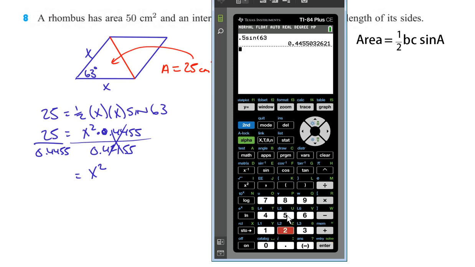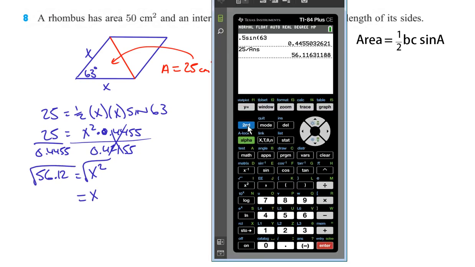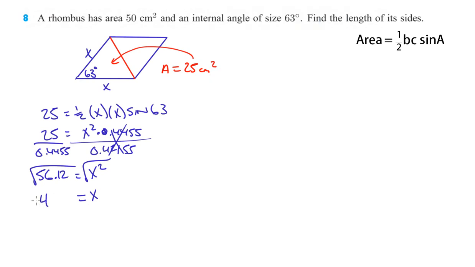So let's do this. 25 divided by second answer gives us 56.12. And that is what x squared is. We don't want to know what x squared is. We want to know what plain old x is. So we square root both sides, and that'll tell us what our x is. So let's do the square root of this unrounded number. So we'll do second answer, and we get 7.49. And that is going to be centimeters. Each side is going to be 7.49 centimeters.